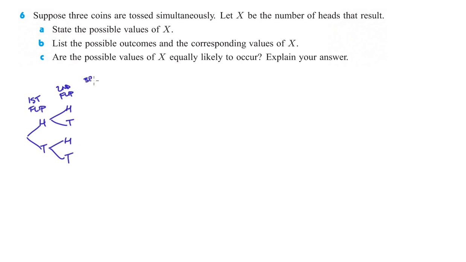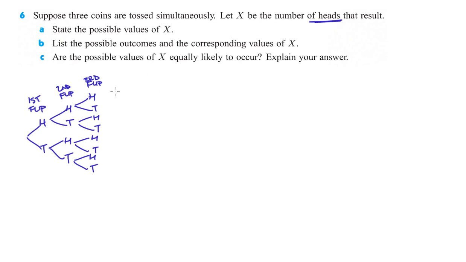And then the third flip, we can do the same thing, heads or tails for each. This will help us because now we can just go through and count the possible values of x. We want to know x, the number of heads, so let's just count the number of heads.